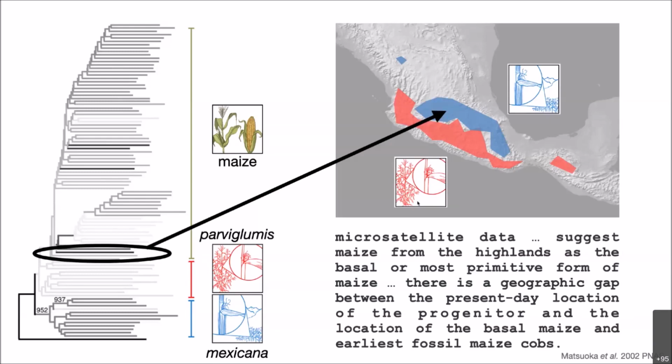Thus, there's a geographic gap: the maize that looks most like Parviglumis is not found where Parviglumis currently grows, and is not found where the archaeological data suggests was the origin of maize domestication. So that geographical disconnect was somewhat surprising.